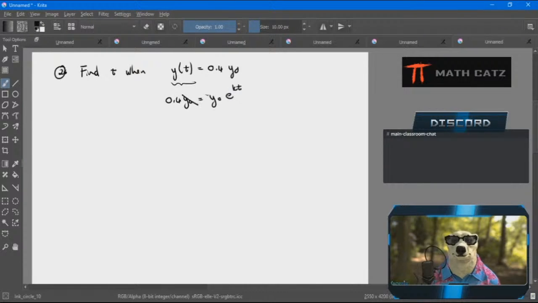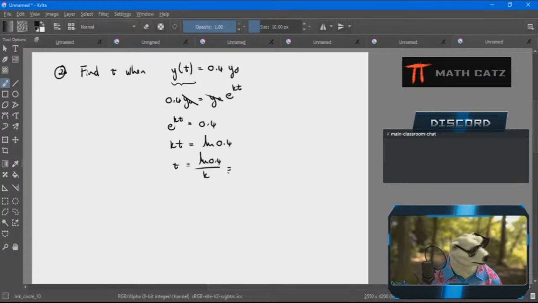And again, I see the y zeros cancel. I don't need to know how much exactly there was. It's all relative. So I have 0.4. So same process, kt is the natural log of 0.4. So t is natural log of 0.4 over k. And I just have to make sure I use the most accurate k I can coming from the half-life formula.